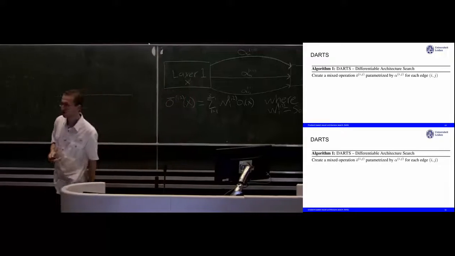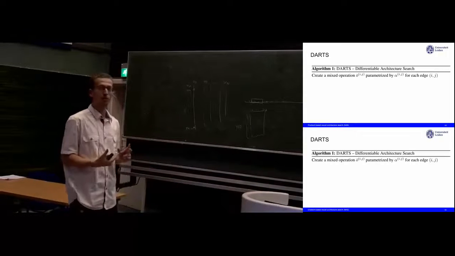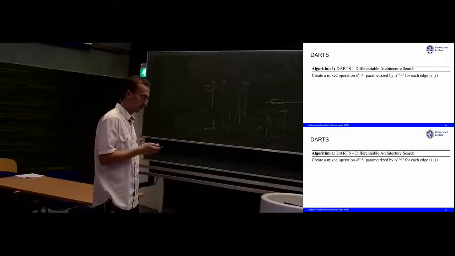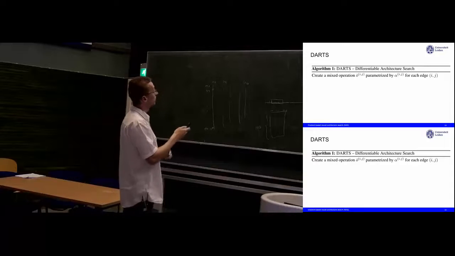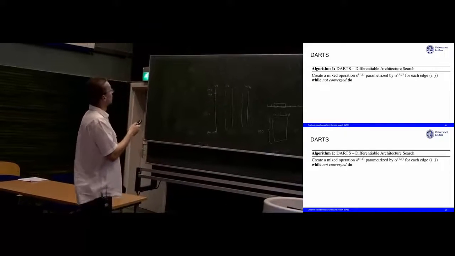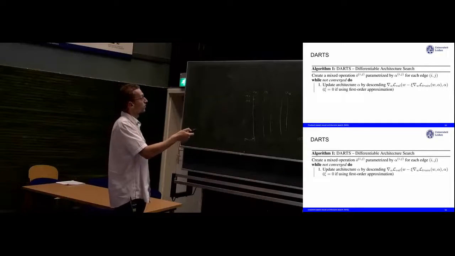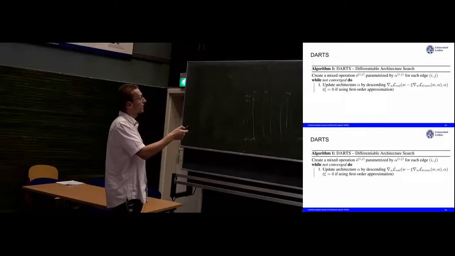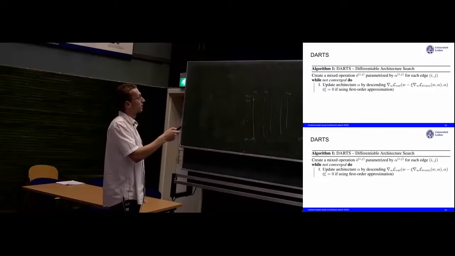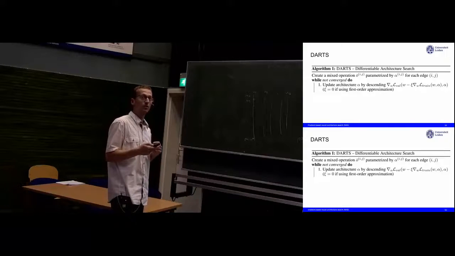So in pseudocode, it looks like the following. We initialize the mixture topology of our neural network. And then we're going to repeat this process of performing gradient descent on our architecture. So we're going to compute the gradient of our validation loss with respect to our architecture coefficients. And at the same time, we're also going to update the weights of our parameters.